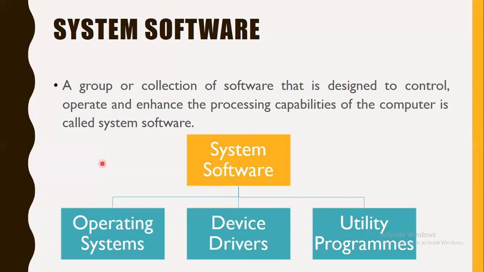Okay, students, now we have to discuss the first type of software, that is system software. A system software is a group or a collection of software that is designed to control, operate, and enhance the processing capabilities of the computer.